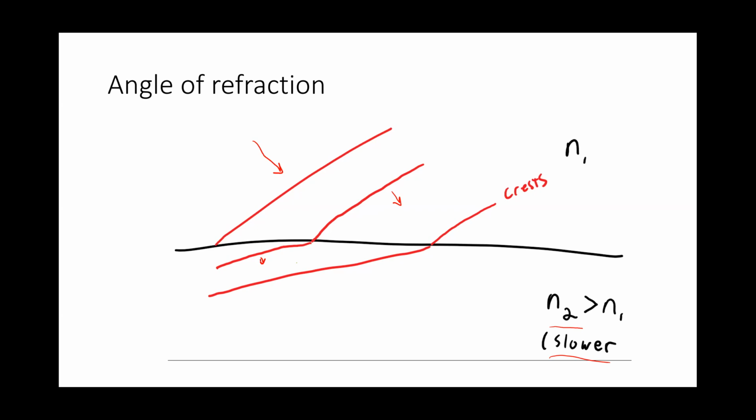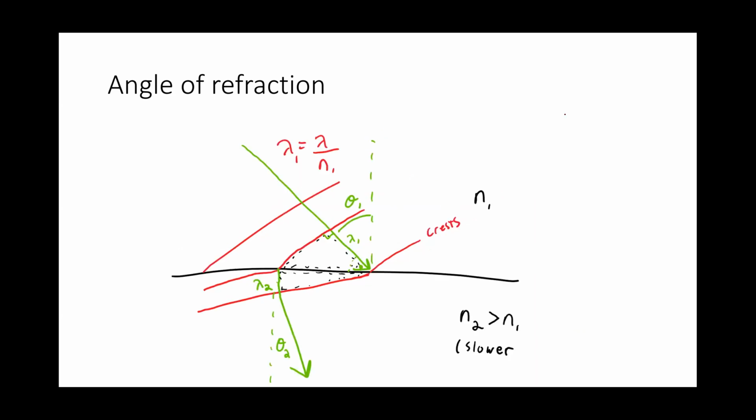Geometrically, that means that the spacing between these two crests is going to get smaller, which is what we expect. And that means we're going to have this kind of bending action at the boundary. We can do some trigonometry to get the exact amount of bending that happens.